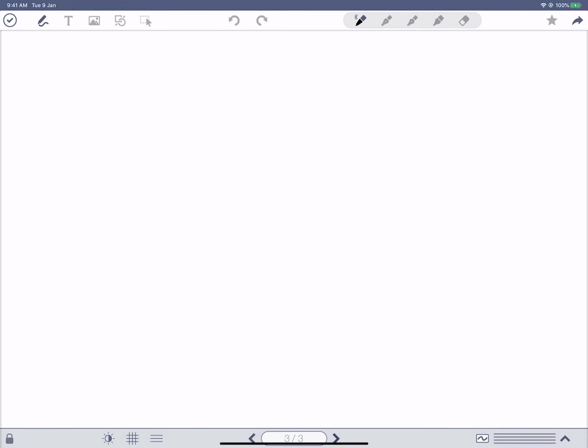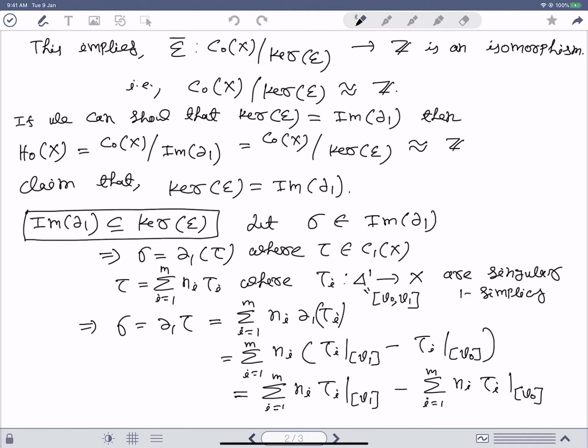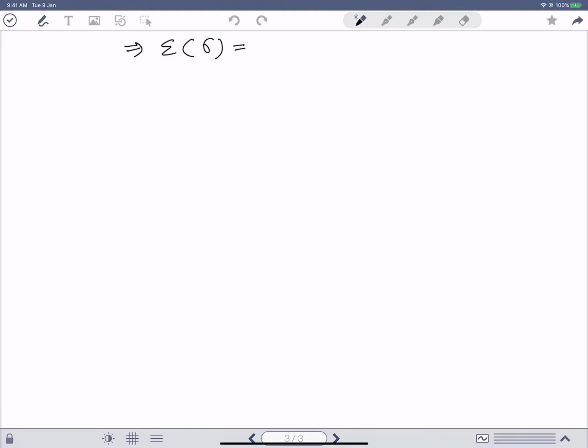Now that will imply epsilon of sigma, so sigma is this minus this, right, so we have to take the coefficient only, so that will be summation of n_i minus summation of n_i, so that is 0, right.